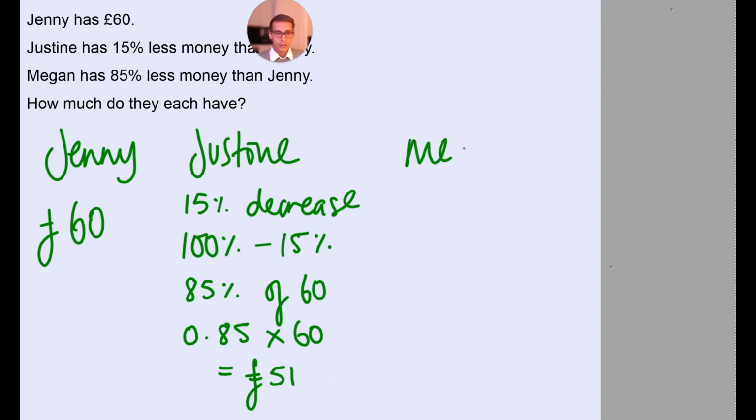Now we're going to look at Megan. Now Megan has 85% less. So that's going to be 100% take away 85%.